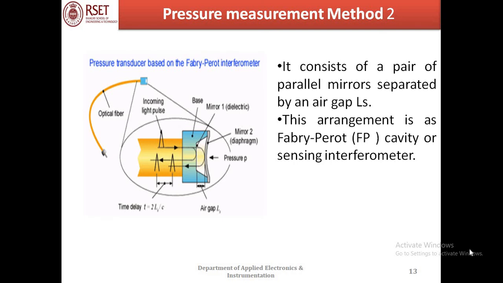By measuring this gap, the applied pressure P can be determined, and thus we can measure the pressure. Different pressure ranges can be accommodated by appropriately selecting the thickness and diameter of the diaphragm to keep the maximum deflection of similar value and maintain a linear relation between the pressure and the deflection.